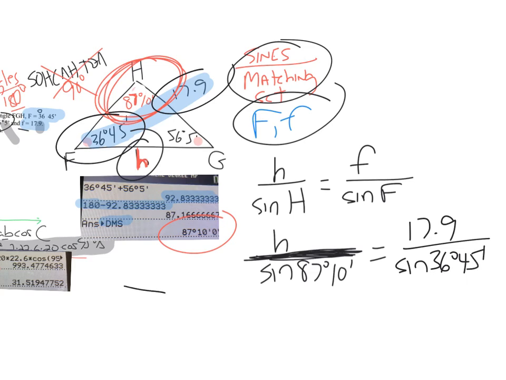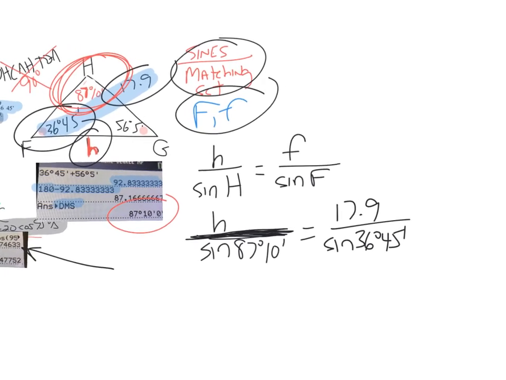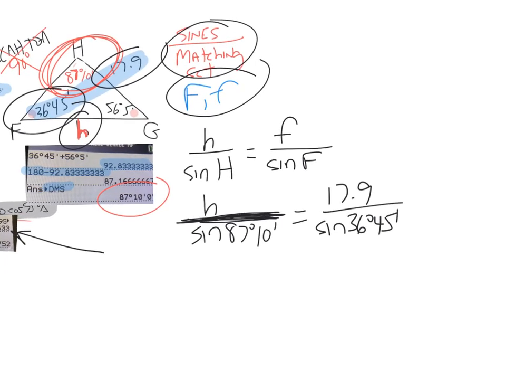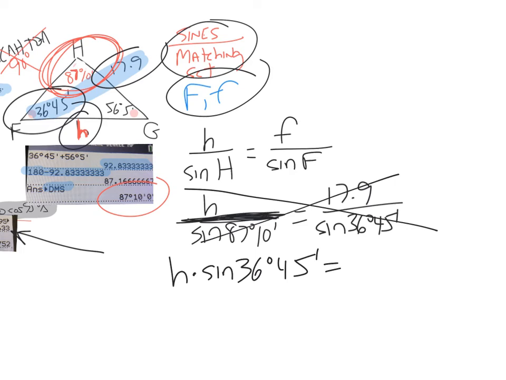When we did the law of cosines, all you do is type into the calculator and you're done. For the law of sines, you have to first cross multiply. So here I have h times the sine of 36 degrees 45 minutes, and that equals 17.9 times the sine of 87 degrees and 10 minutes.